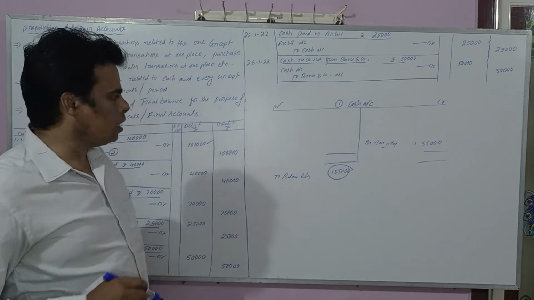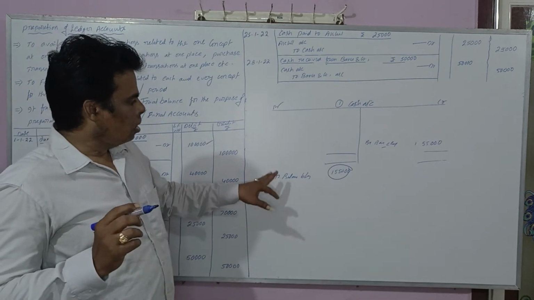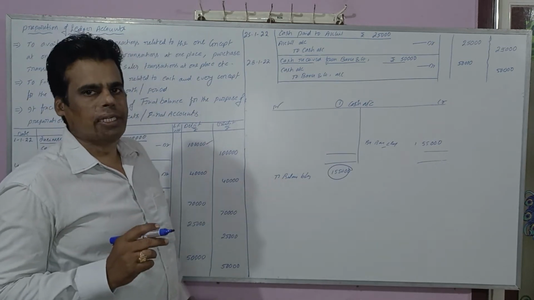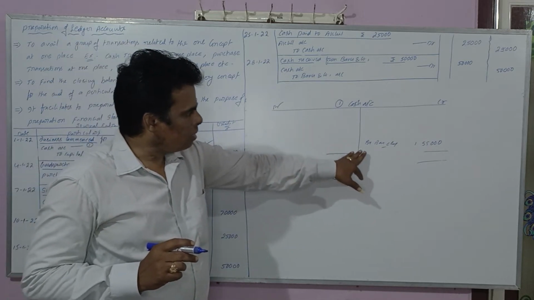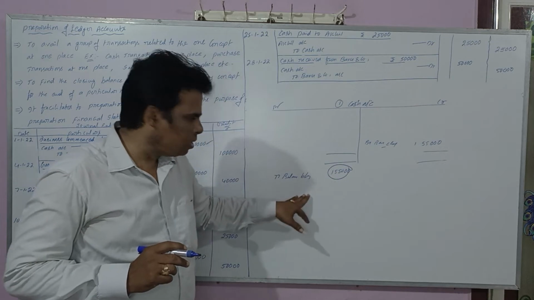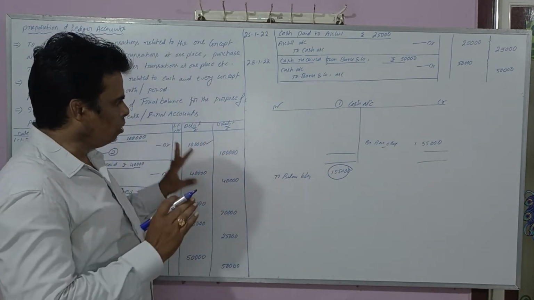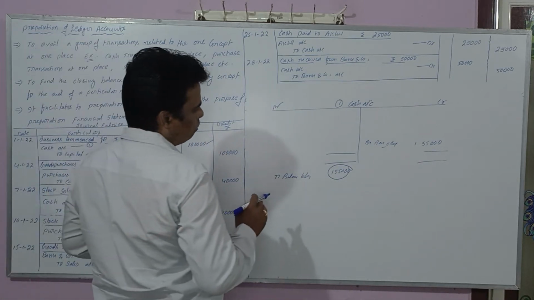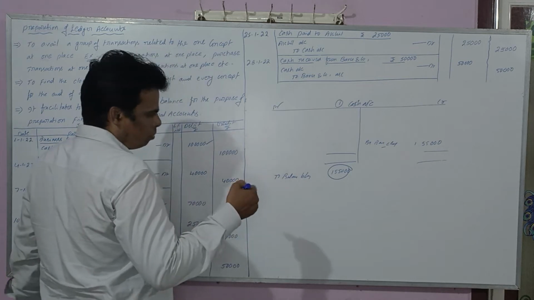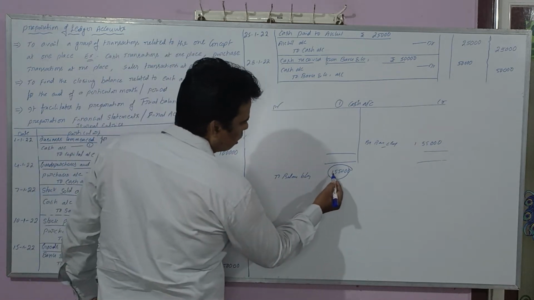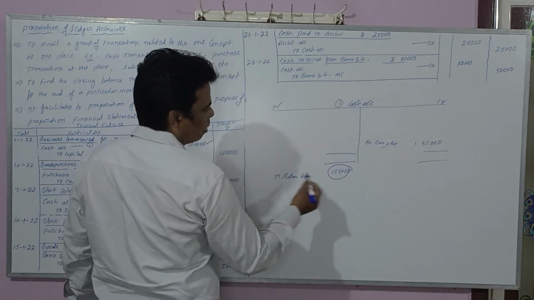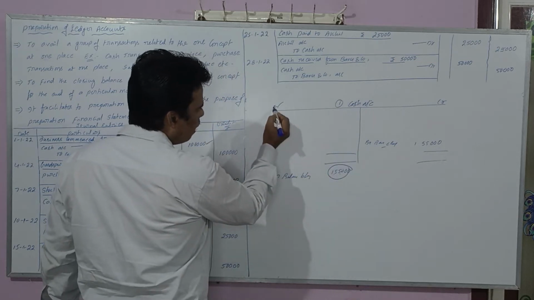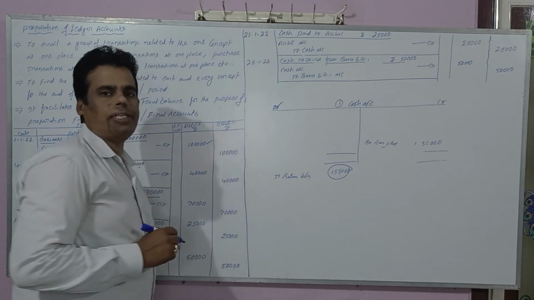Then we noted whether the brought down amount is debit or credit. In this cash account, balance carried down is credit, and brought down is debit. That's why we mentioned that 1,55,000 is the brought down amount, and that brought down is placed on the debit side.